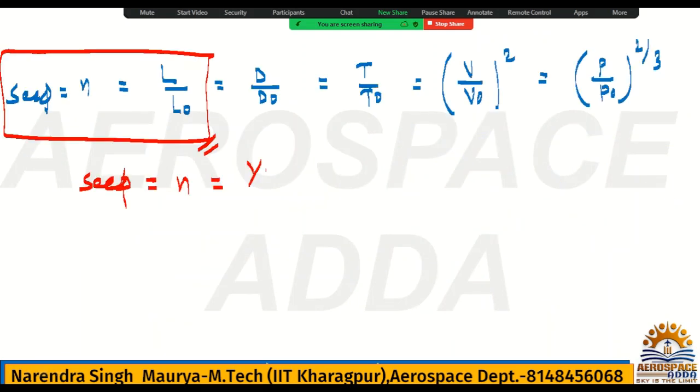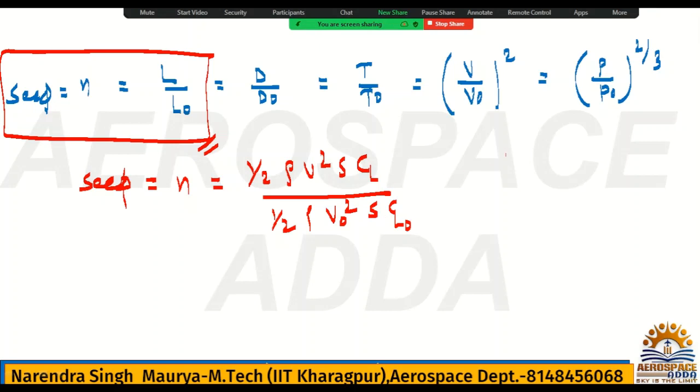If you write the formula, half rho V squared S into CL divided by half rho V naught squared S into CL naught. I can say this is CL naught because they are asking the lift coefficient ratio, so different. So L is nothing but half rho V squared S CL, and L naught is half rho V naught squared S CL naught.